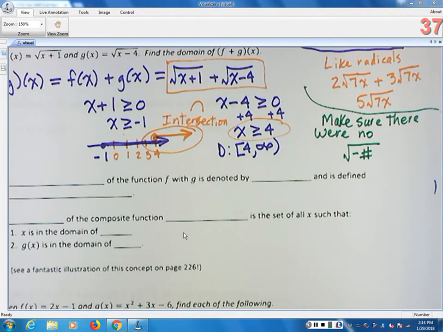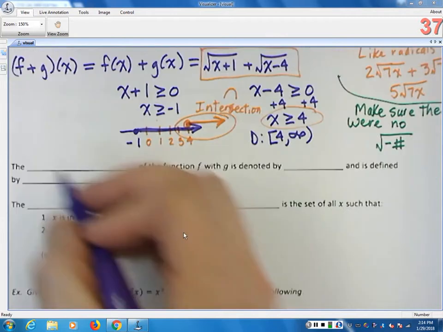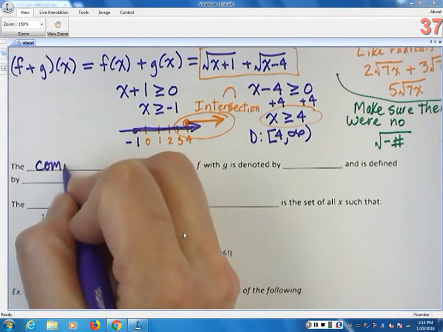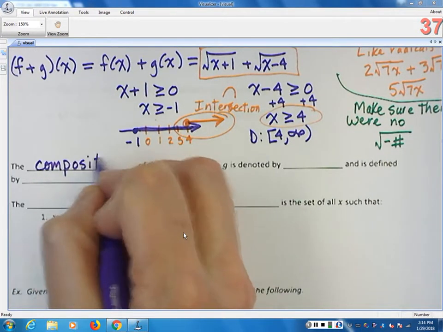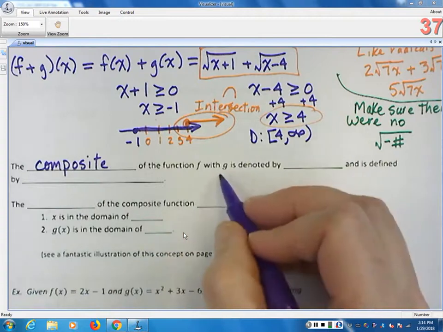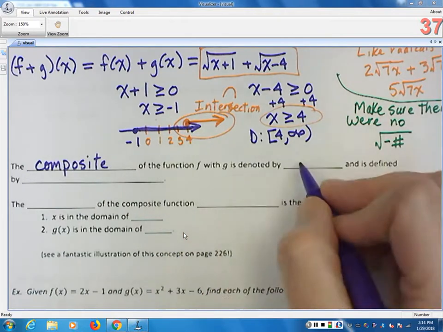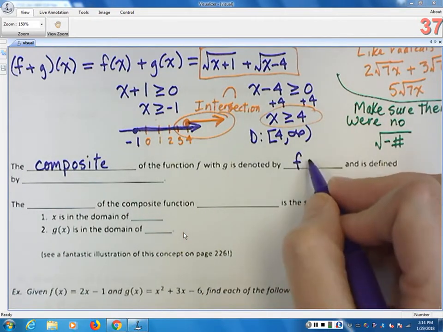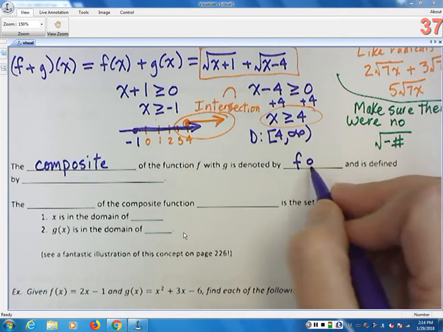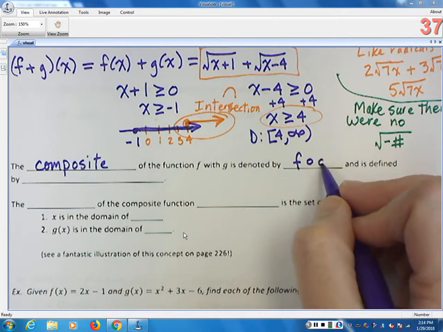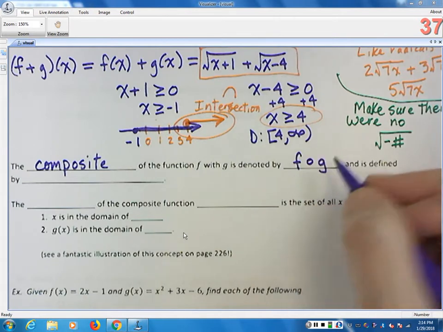But so now we have a new definition. The composite of the function f with g is denoted by f, like a degree symbol, g, f composite g.